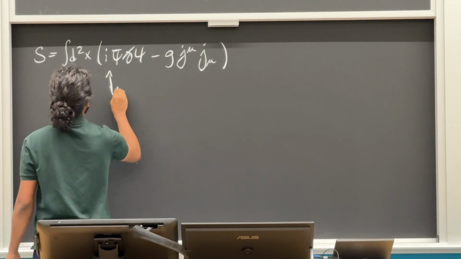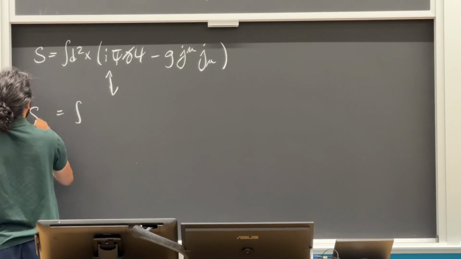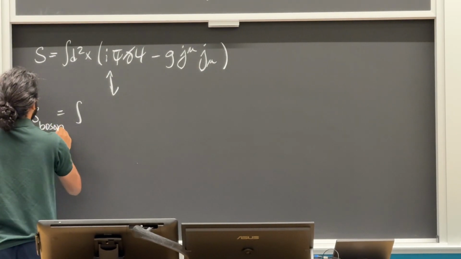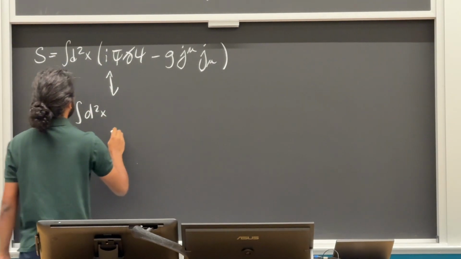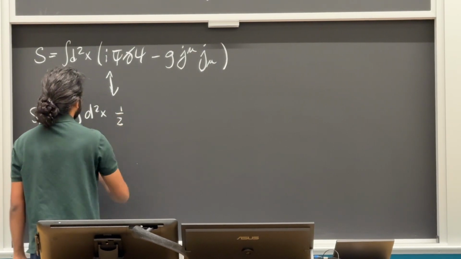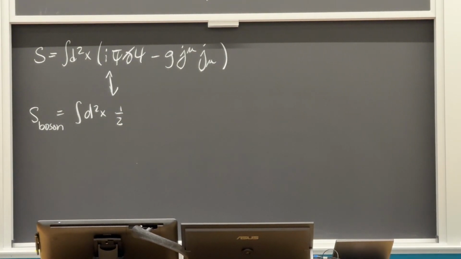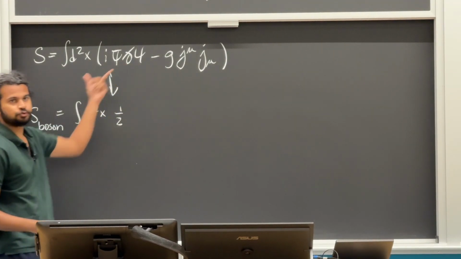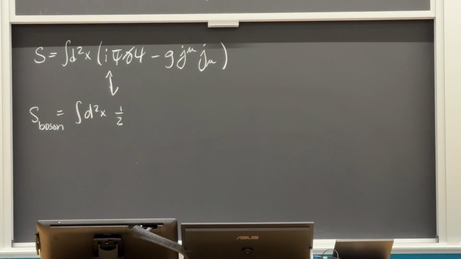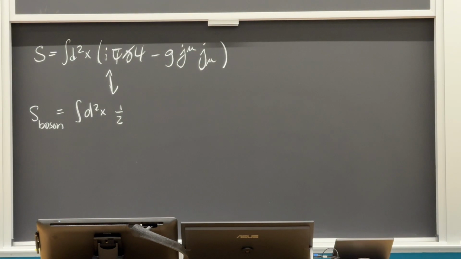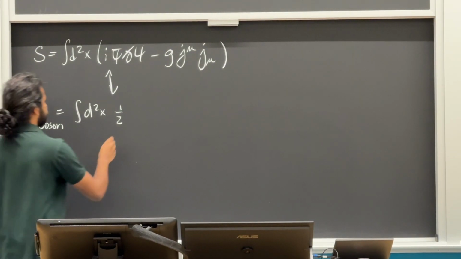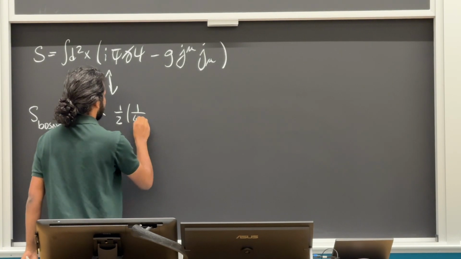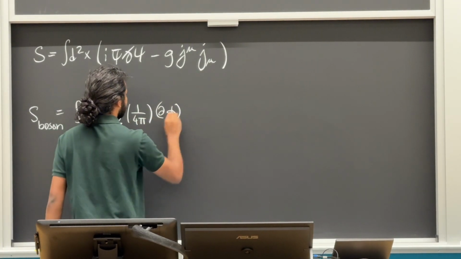I can map it to a boson theory with the action, and remember the free part mapped to a boson with a radius 1/4 pi. So I'll just plug in 1/4 pi for beta square. So I have half 1/4 pi square.